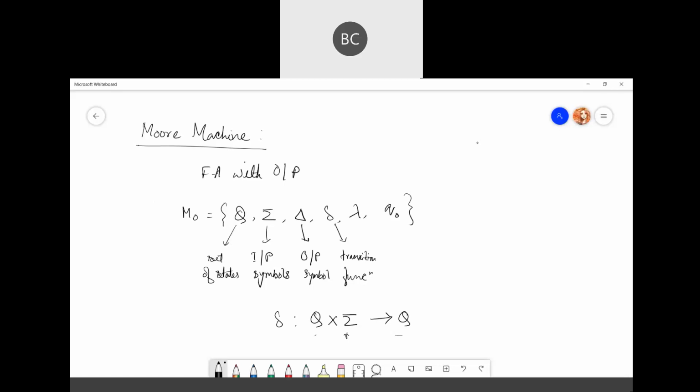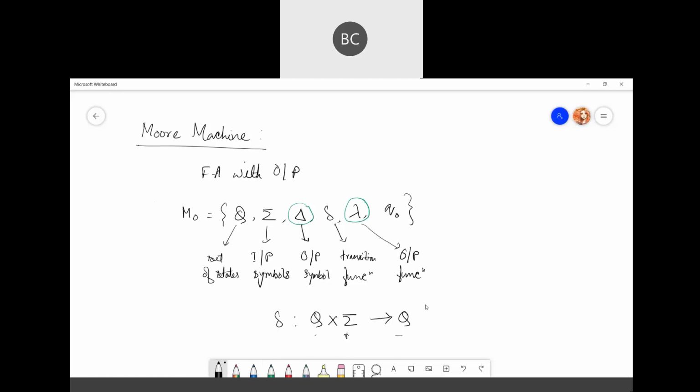This is just the same as your DFA. Other than that, there is the output function. This is the new thing. The new things here are the output symbol and the output function.